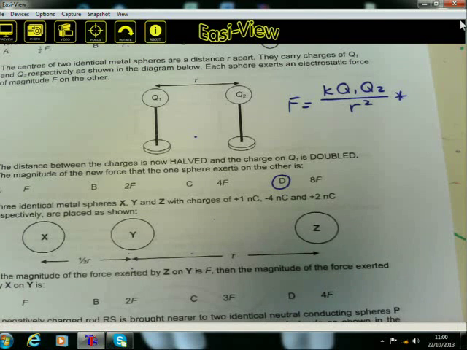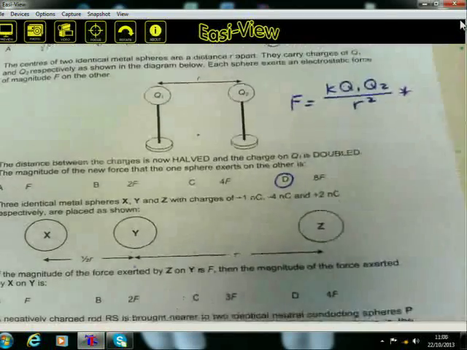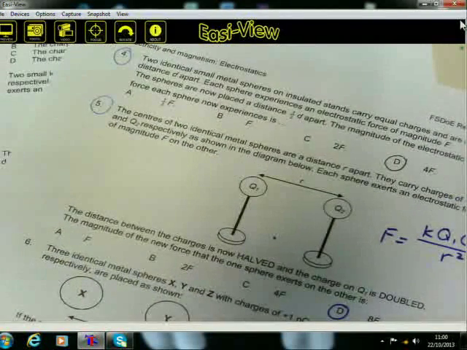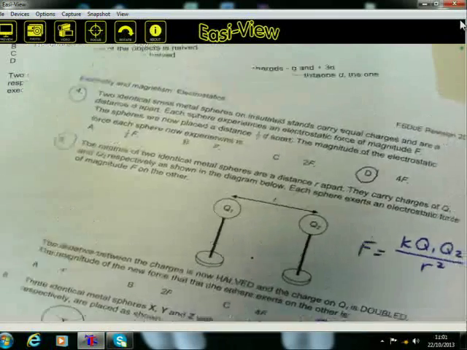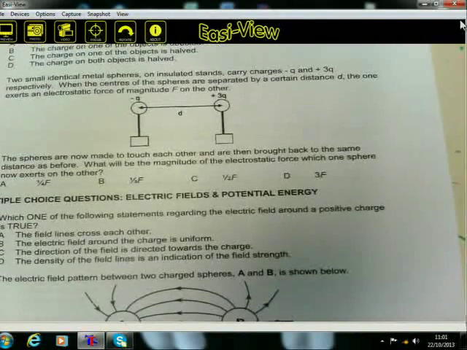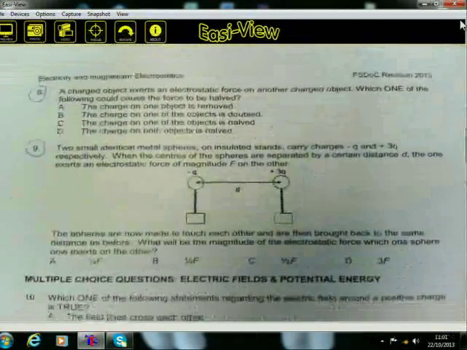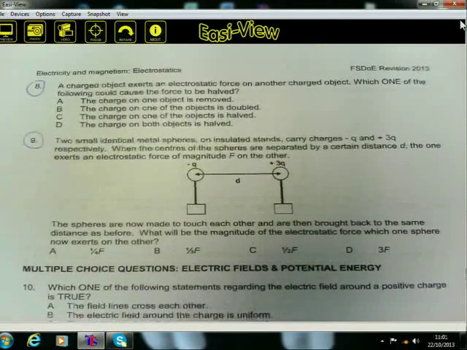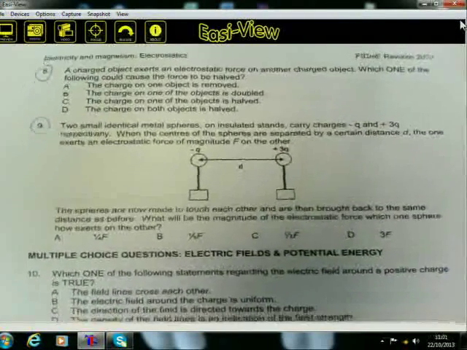For the first hour, we're only going to do multiple choice. It's very important that you understand these types of questions for multiple choice. The next ones I brought for you, we're going to do number 8 and number 9.